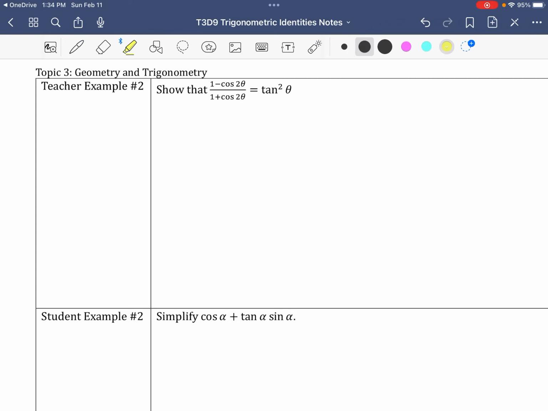My original idea here, I'm going to take this cosine of 2 theta and replace it with the double angle identity that uses sine. So I'm going to replace it with 1 minus, that part stays the same, I'm going to put it in parentheses, 1 minus 2 sine squared theta over, and then I'm going to replace the bottom cosine of 2 theta with the double angle identity that includes cosine.